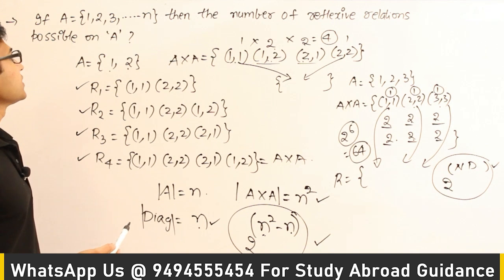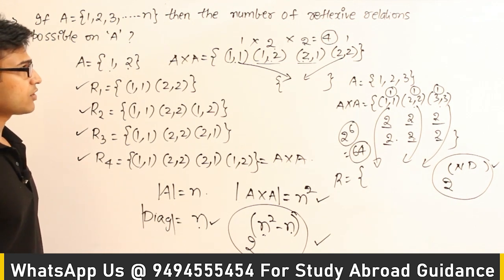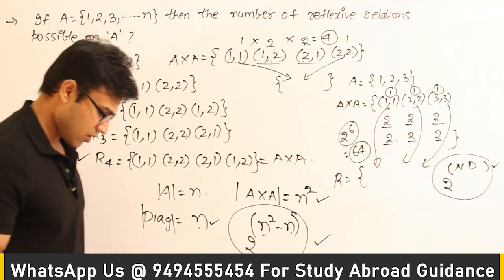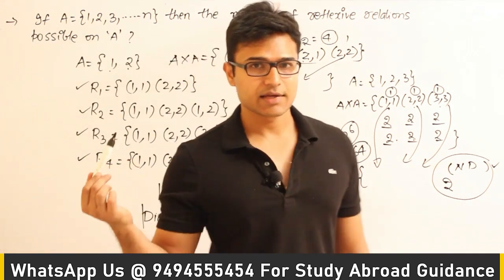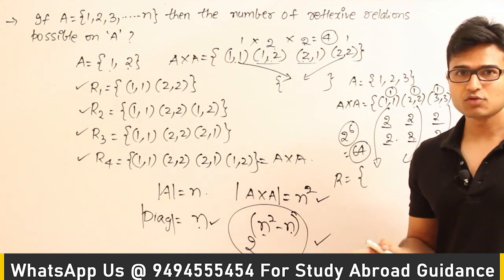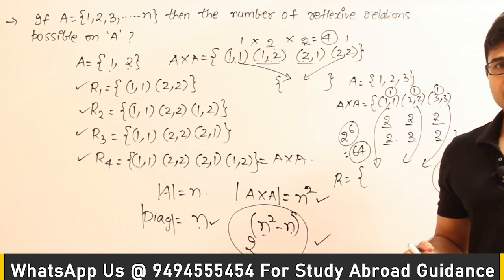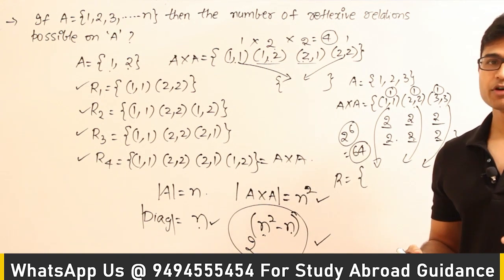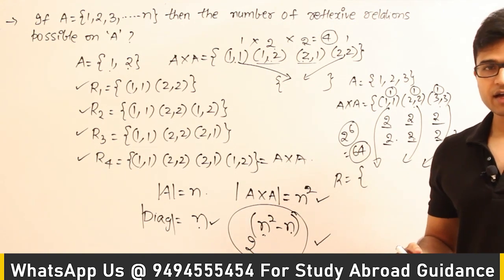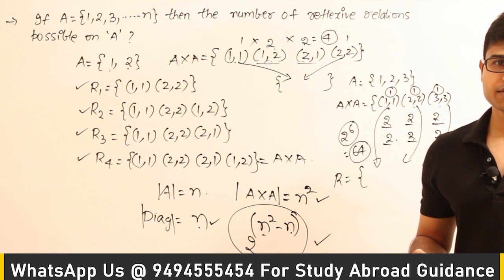Now the question is, how many relations are possible which are not reflexive? So how can we answer it? This is the answer for the number of reflexive relations, 2 power n square minus n, right? Now how can you answer the question, how many relations will be possible on a set A containing n elements which are not reflexive?